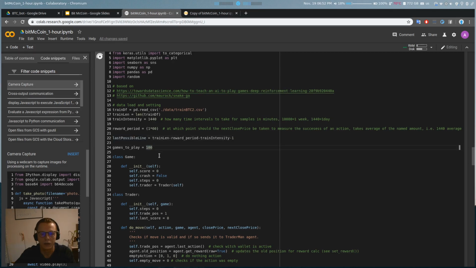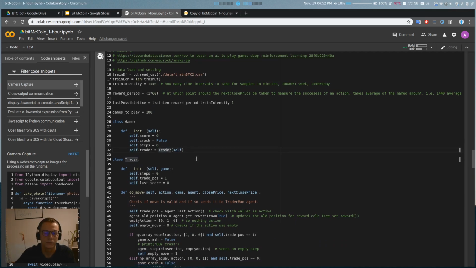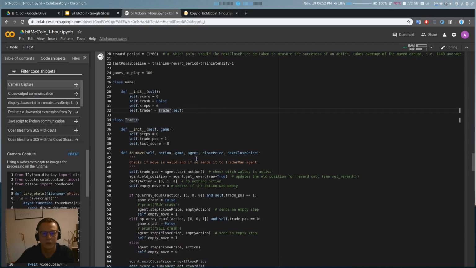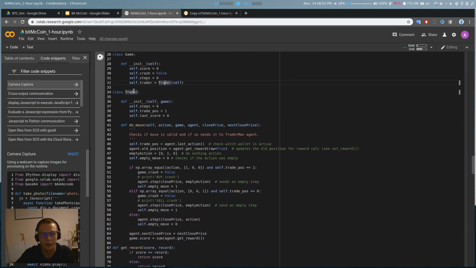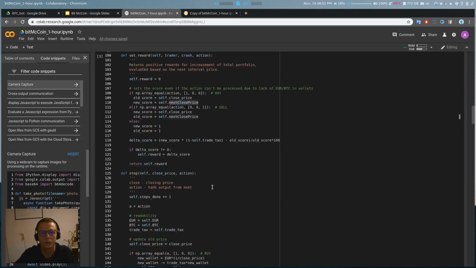And games to play is for how many games you want to train at this particular training session. Then we have the game class. Nothing much, just initiates each game, selects the trader. Yeah, there's not much to talk about this one. Now the trader class. So this guy actually does the requests to the trader man, which we just reviewed above.